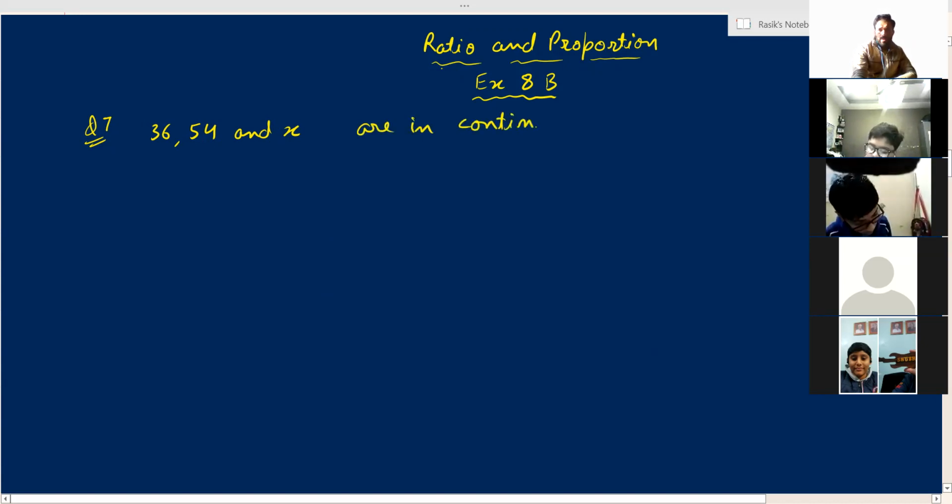Now what is the meaning of continued proportion? When there are three numbers and it is given that they are in continued proportion, this means we can write them like this.